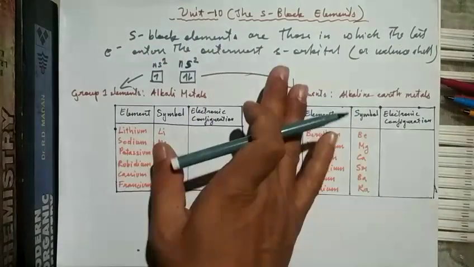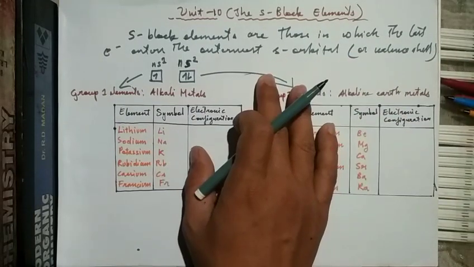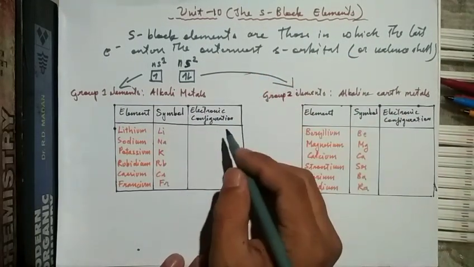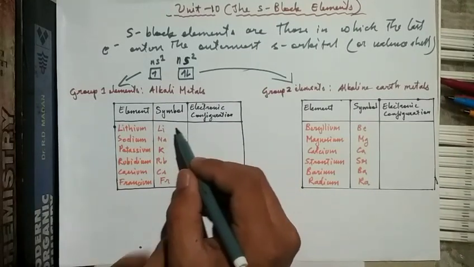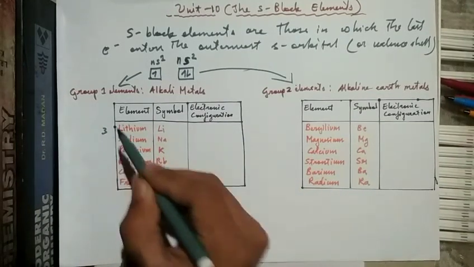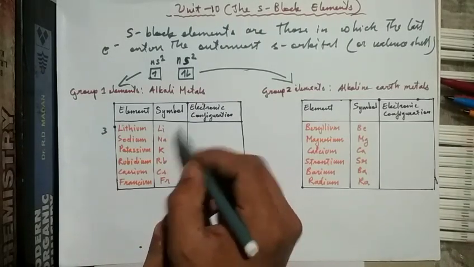So s-block elements are divided into group 1 and group 2. Now let us see the electronic configuration. For lithium, we know that the atomic number is 3.